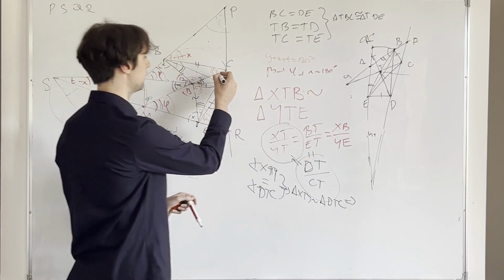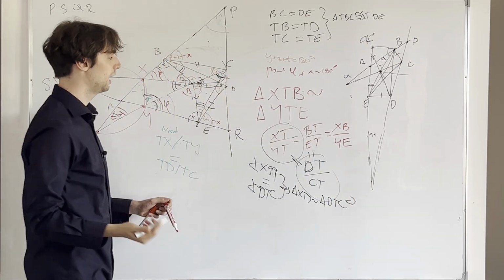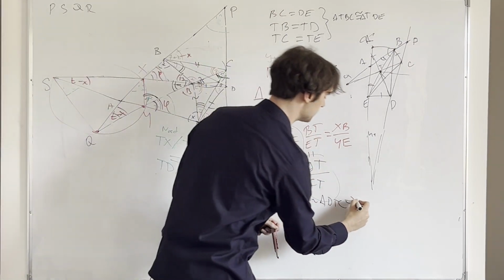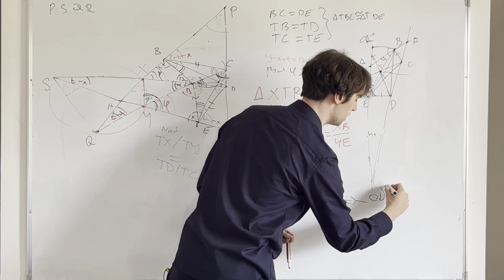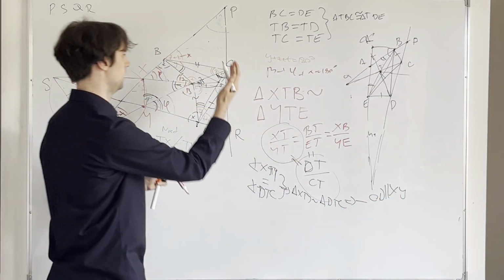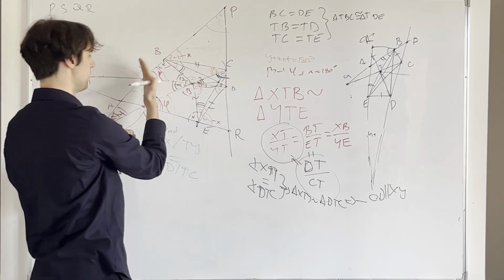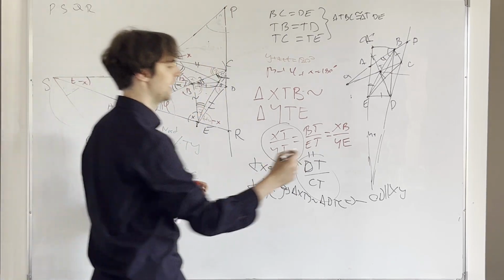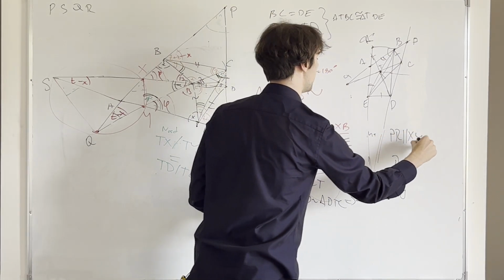And from there we get that this angle over here is equal to this angle right here. And now that implies that CD is parallel to XY, and CD parallel to XY implies PR is parallel to XY.